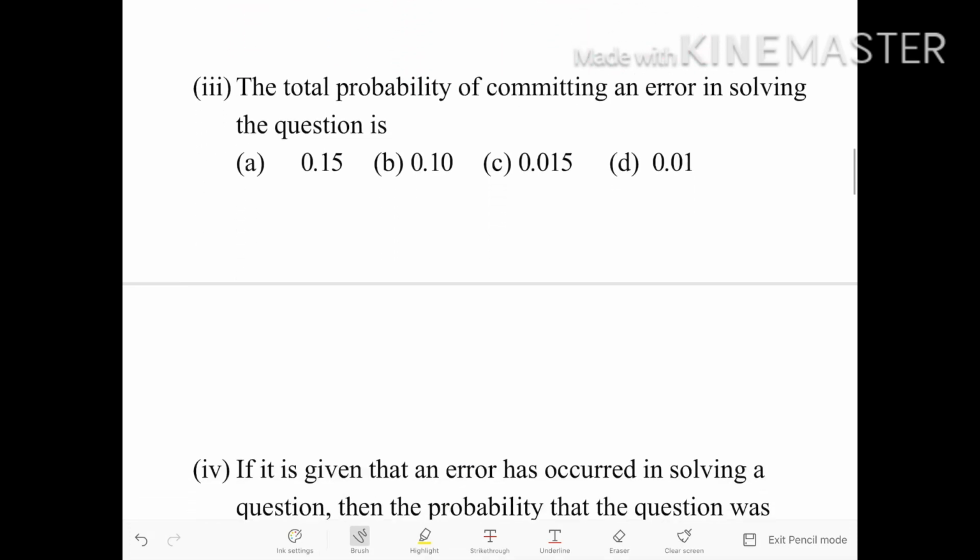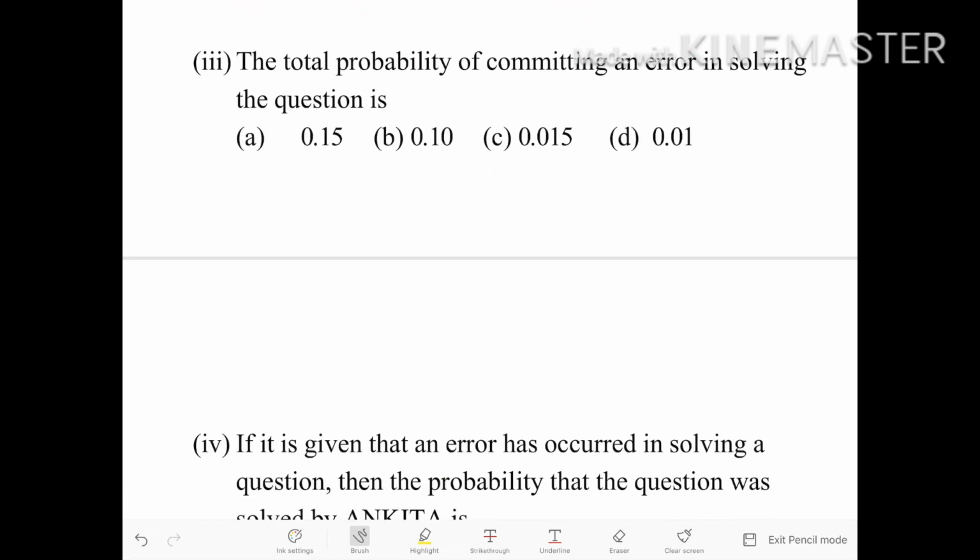Now comes to part number 3. The total probability of committing an error in solving the question. That means here we have to find the probability of A, the total probability of committing an error.